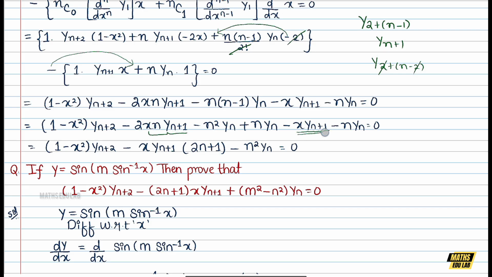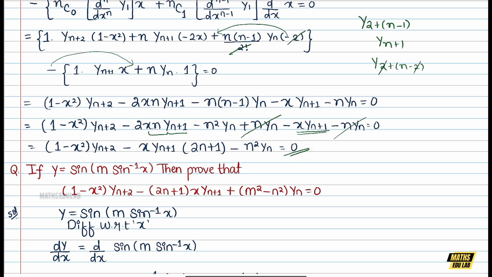Now taking the common terms, I have taken x yn plus 1 as common, then 2n plus 1. If you see, the positive term of n yn and the negative term of n yn will get cancelled out and the remaining will be n square yn is equal to 0.